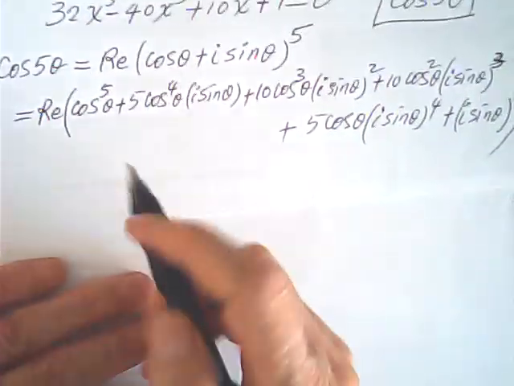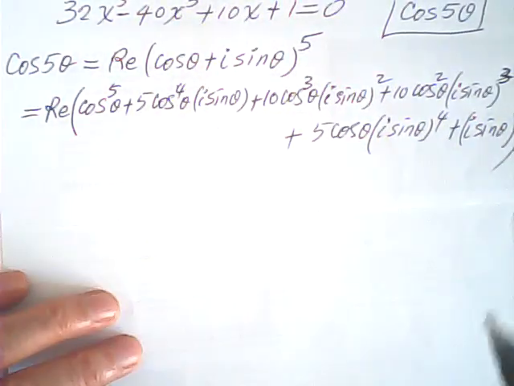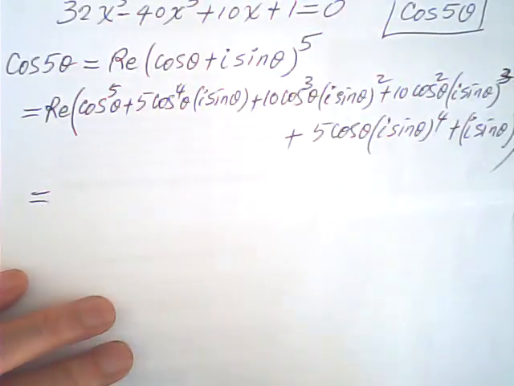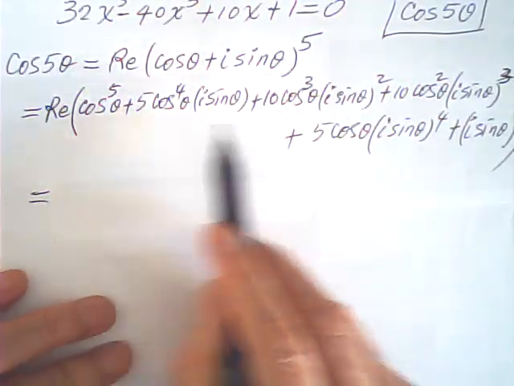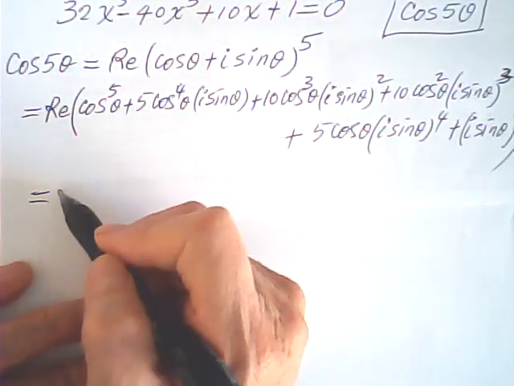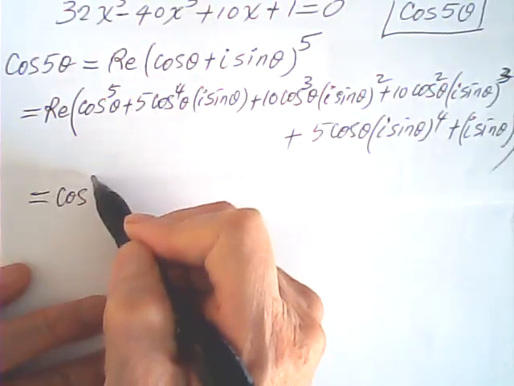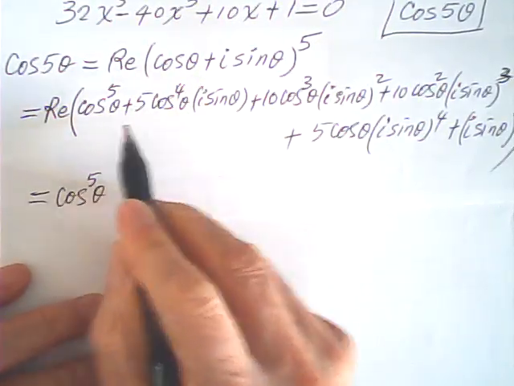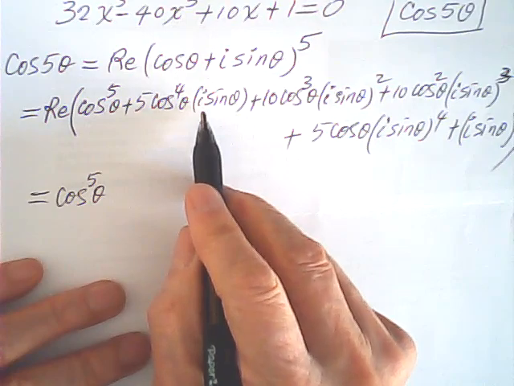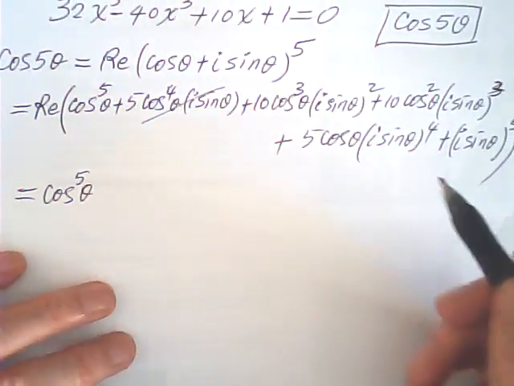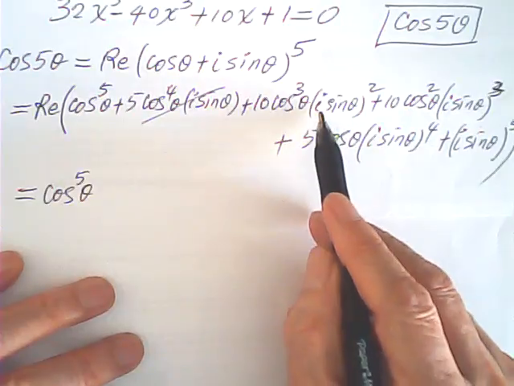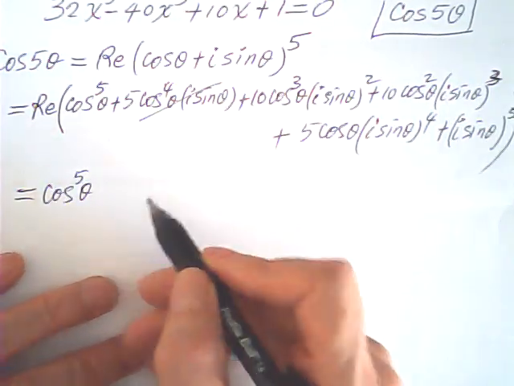Good. So that is the binomial expansion. Then we take the real part. So this one is good. This is imaginary, and we forget it. This one is real. I want it.